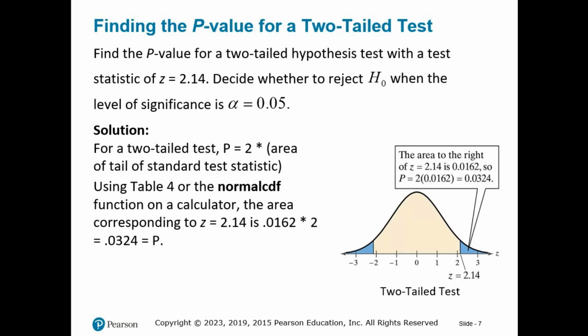First, using the calculator, let's use the normal CDF function with a large negative lower bound and negative 2.14. If you don't remember how to do that, it's the second button, then the vars button.